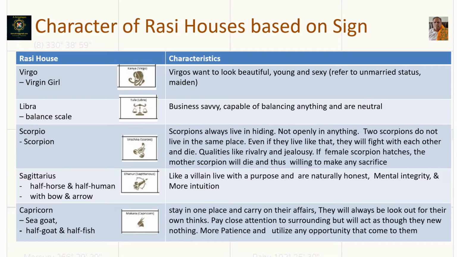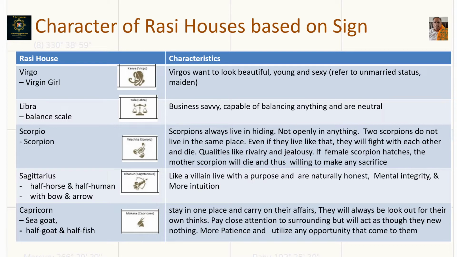Qualities like rivalry and jealousy are very high in Scorpion Rasi. The mother scorpion will die immediately after giving birth to the child, and is thus willing to make any sacrifice. So they are ready to make sacrifices.